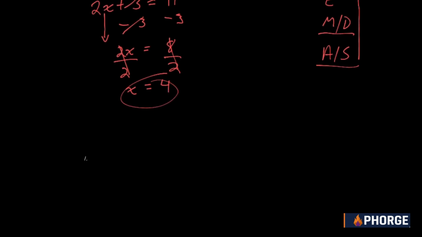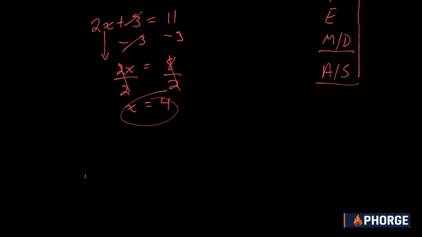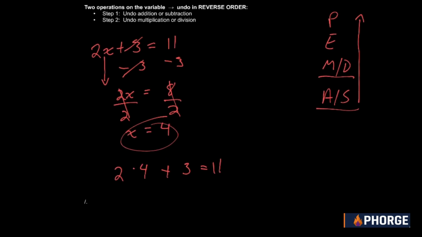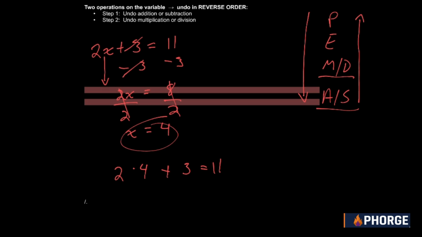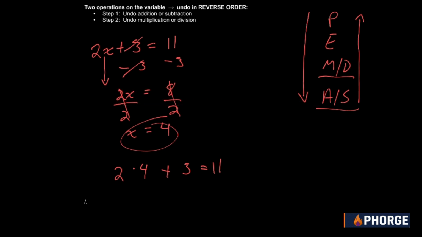Now let's double check that we got it right by plugging x back into our original equation of 2x plus 3. So now we have 2 times 4 plus 3 is equal to 11. Now that we're evaluating this expression, we need to go from top to bottom using PEMDAS. Do we have any parentheses? Not right now.